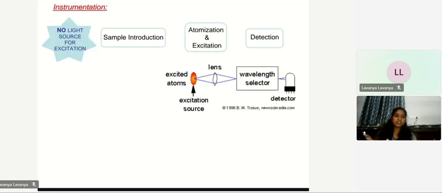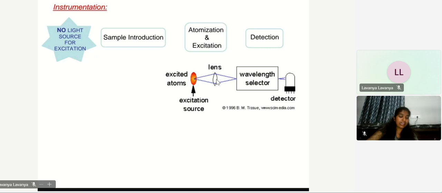So here, this is the instrument. We can see the instrument of atomic emission spectroscopy. The sample is introduced here, and the atomization and excitation happen here. Then the detection of the atomized excited sample is done through the lens.